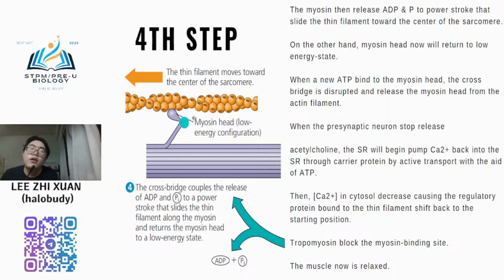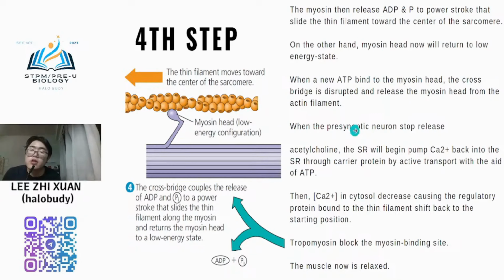So later in the low energy state, another new ATP will bind to the myosin head again. So the cross bridge will now be disrupted. Once they finish the sliding due to the low energy configuration, ATP binds to the myosin head, the cross bridge will be disrupted, and then the myosin head will be released from the actin filament.